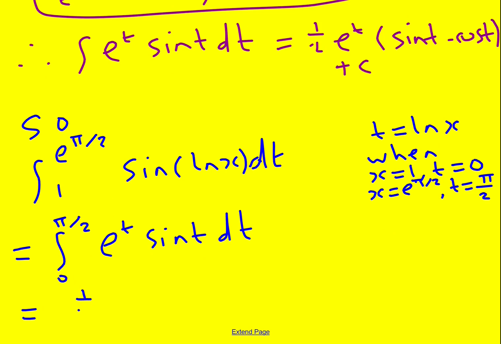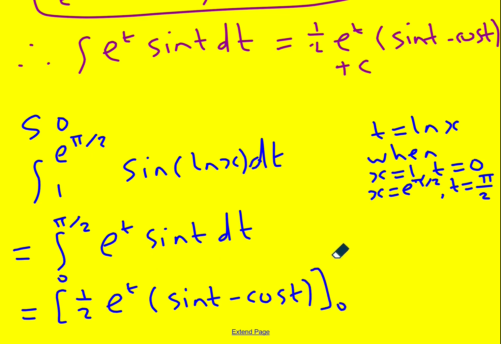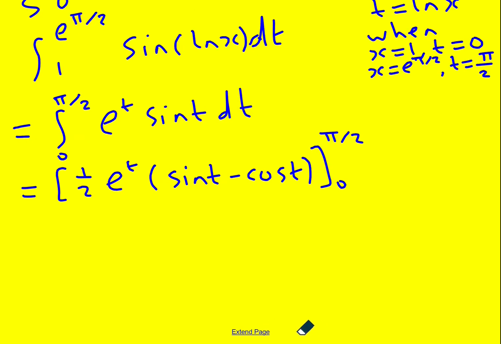So it's going to be a half e to the t, sine t minus cos t, evaluated between 0 and pi over 2. And when I substitute pi over 2 in, I get 0 here, I get 1 here, so that's my first term.